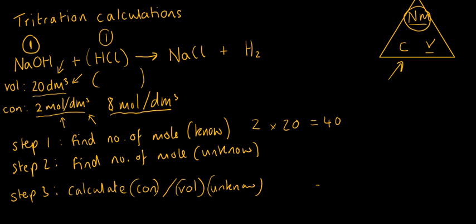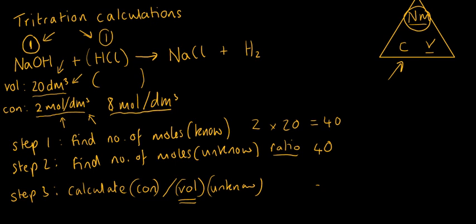Then find the number of moles of the unknown, and this is where we need to use our ratio of 1 to 1, which is quite simple. That gives me 40 moles as well. So far, everything is similar to the last question. Then this time I need to calculate the volume.